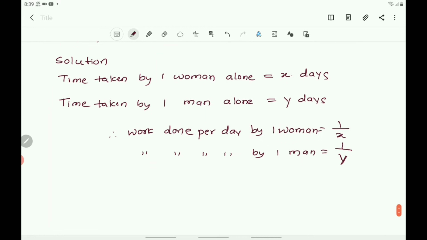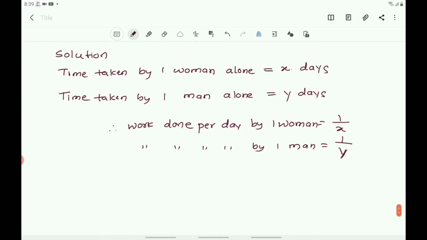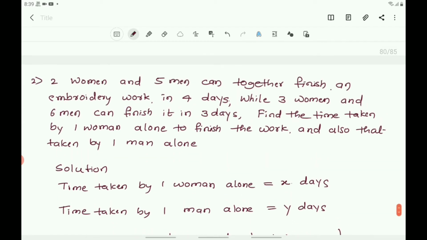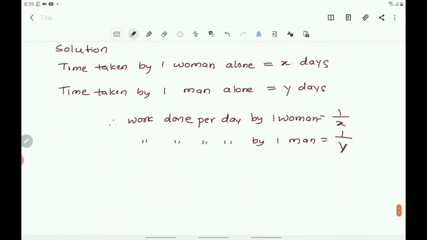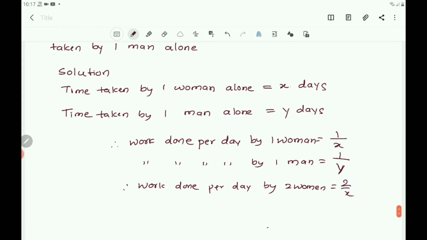Now here 2 women can complete the work by 2 by x days here. How many women are there? 2 women are there. Therefore, work done per day by 2 women equals 2 by x.